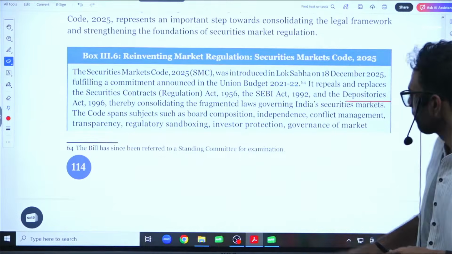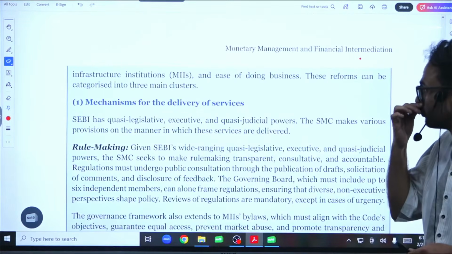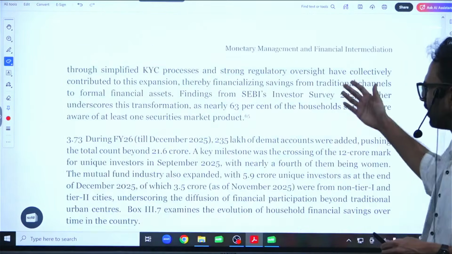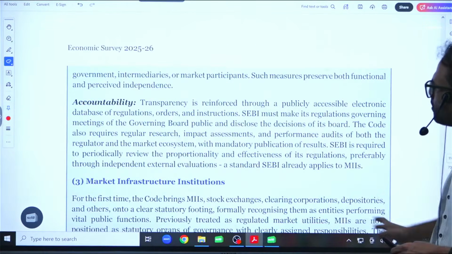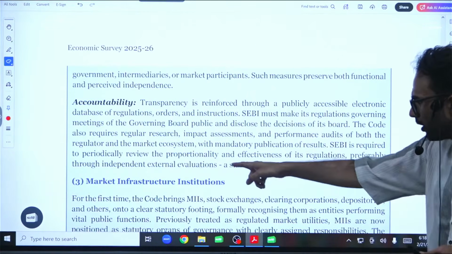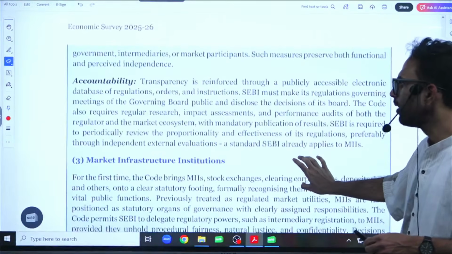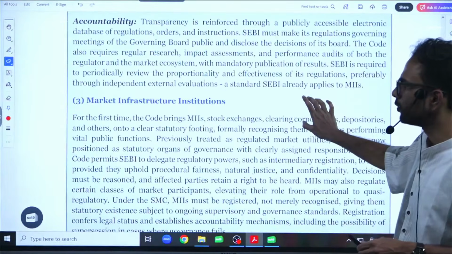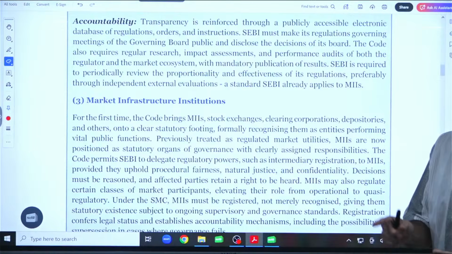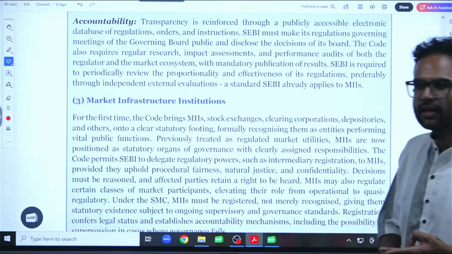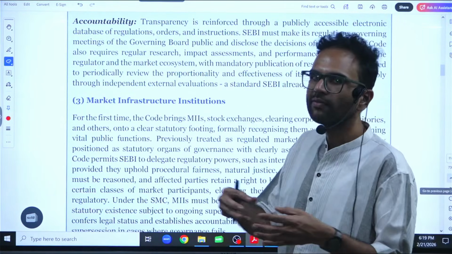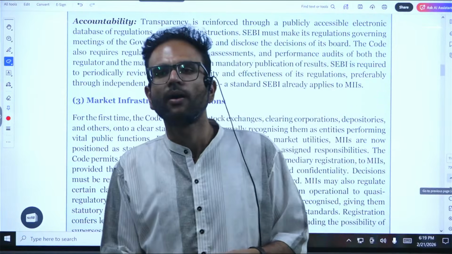You'll have to know what we mean by market infrastructure: depository, stock exchange, brokers, everyone. All of them will be part of the market.